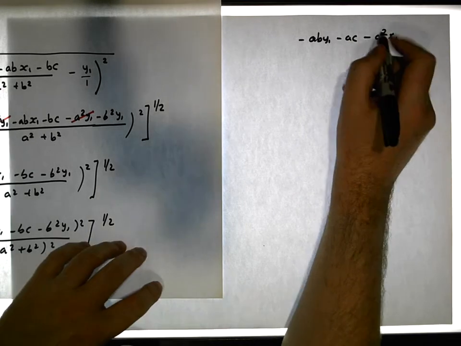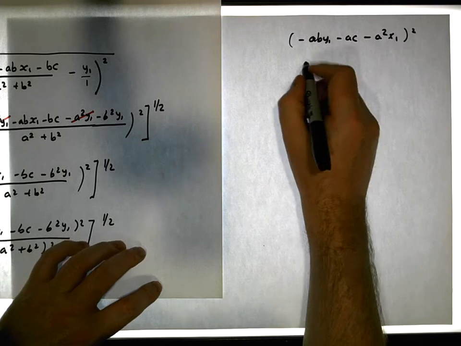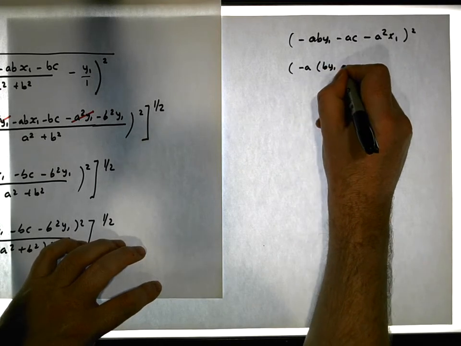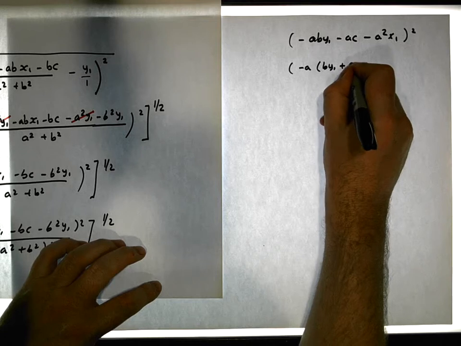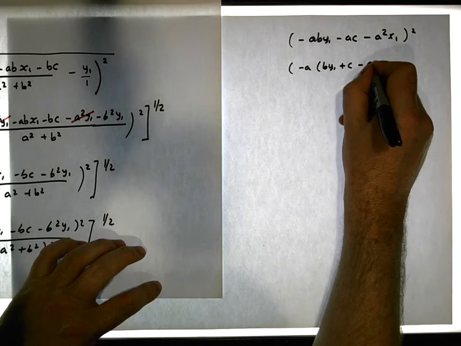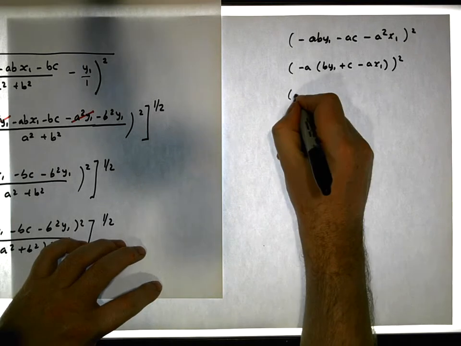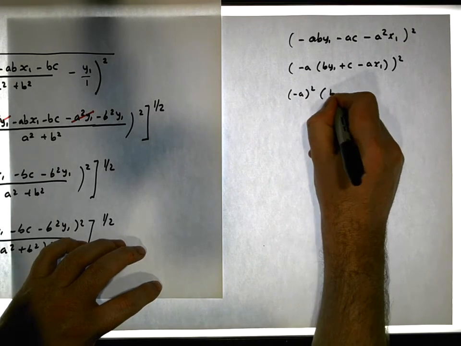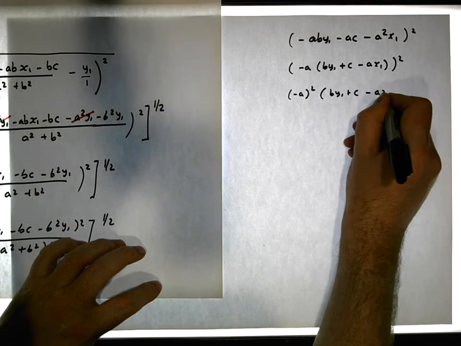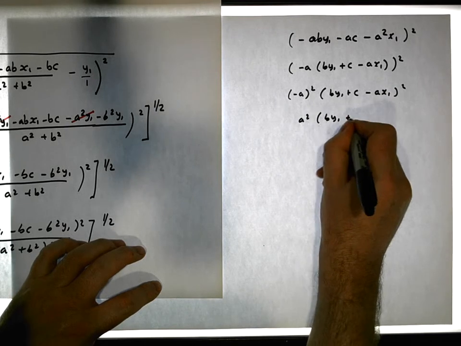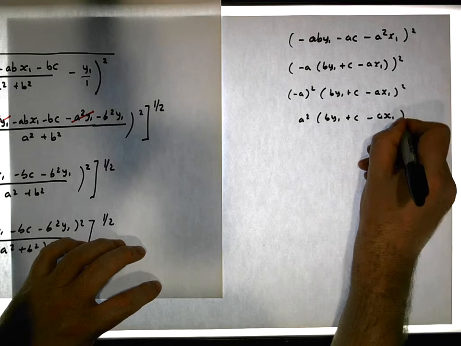Squaring that, it becomes minus a times by1 plus c plus ax1, all squared, which is the same as minus a squared times by1 plus c plus ax1 all squared, which is the same as a squared times by1 plus c plus ax1 to be squared, okay?